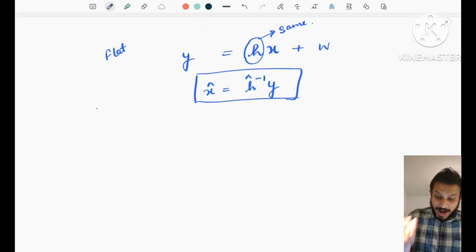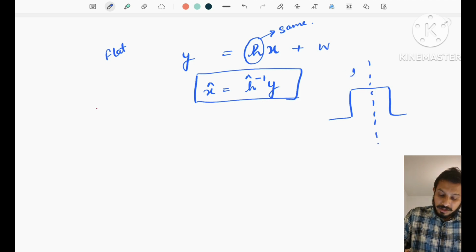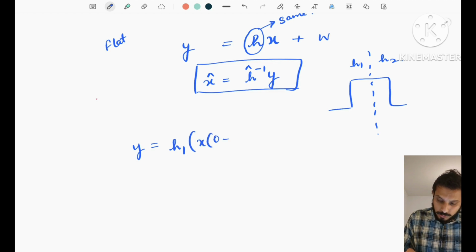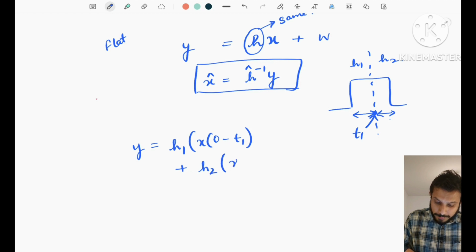Whereas in the case of fast fading, if we assume this is the symbol duration, and let's say the channel has changed 2 times, here the channel is H1 and here the channel is H2, then in this case we have Y equal to H1 times X over 0 to T1, let's say this time is T1, plus H2 times X from T1 to the symbol duration Ts.